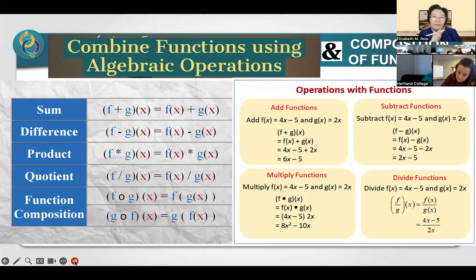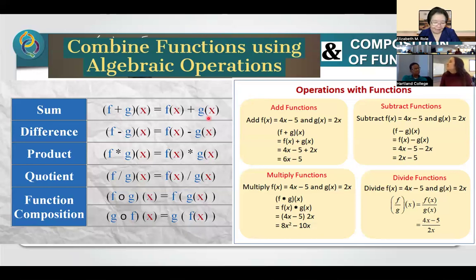We have the symbols given there. If I say the sum, it means I am adding f of x and g of x. Our symbol is f plus g of x, which means f of x plus g of x.